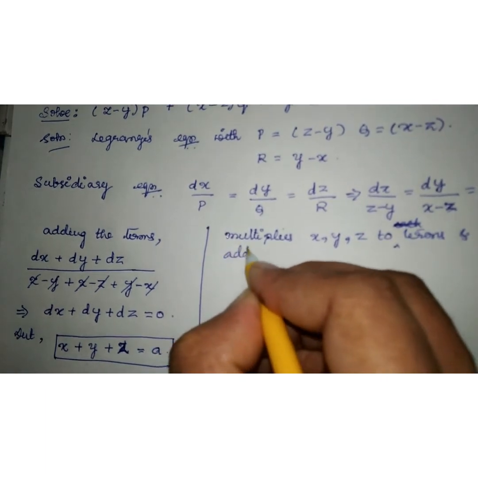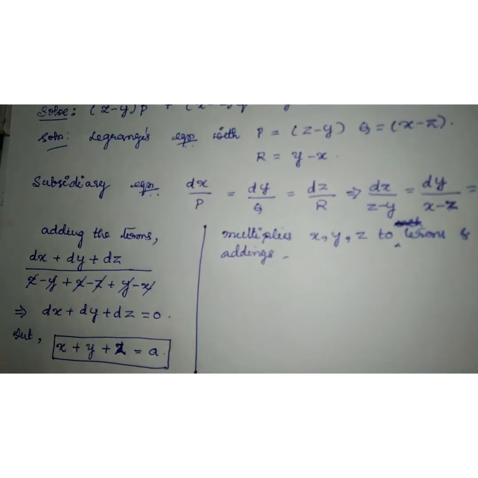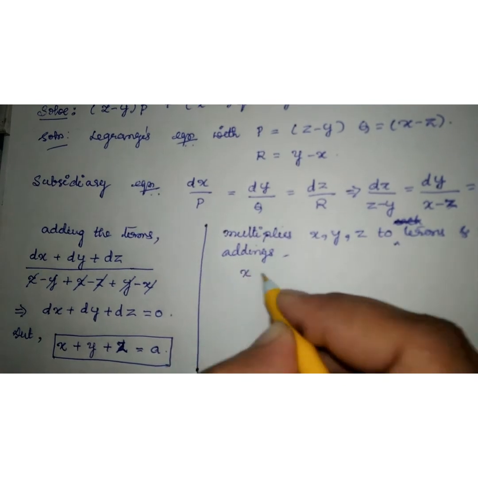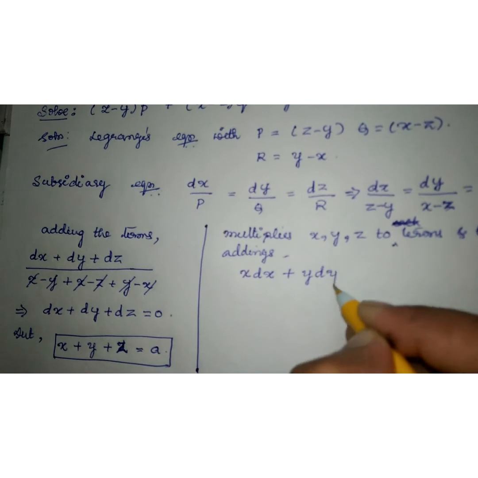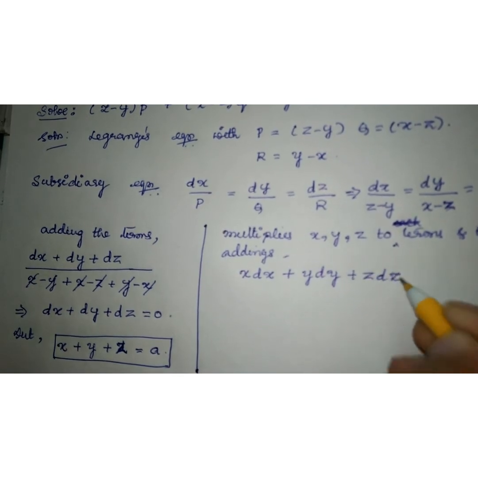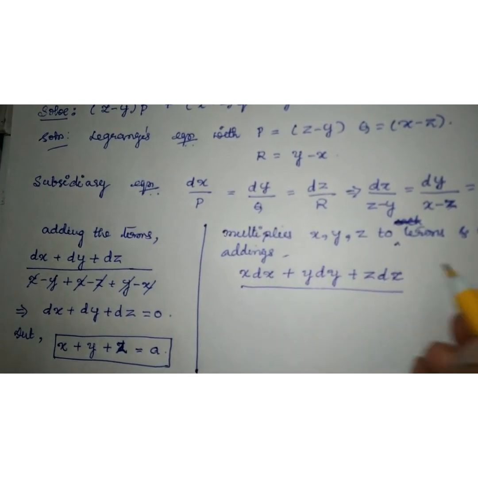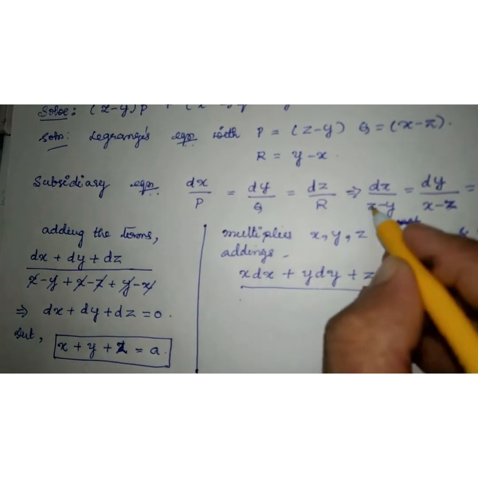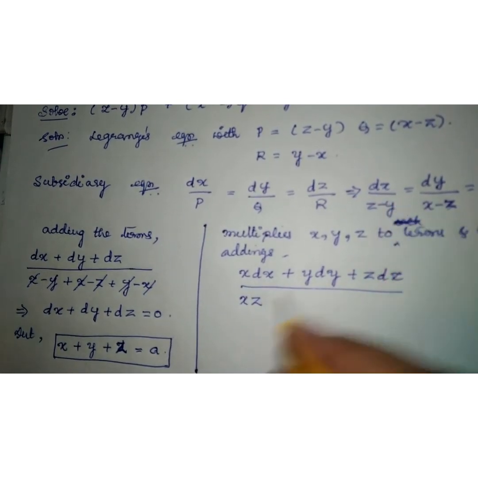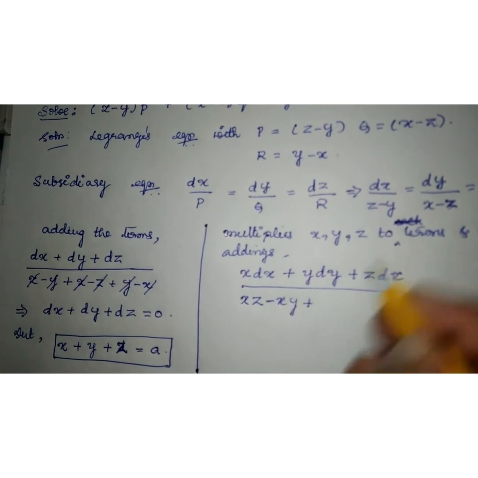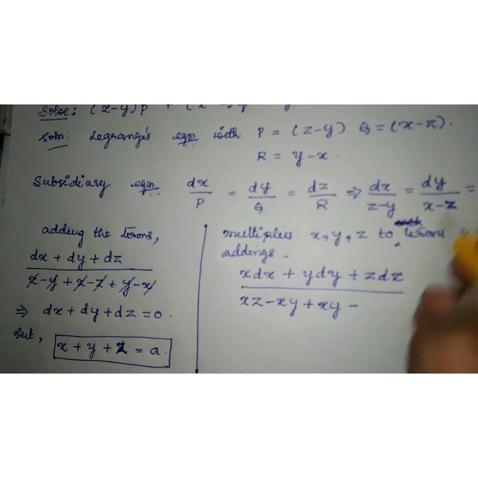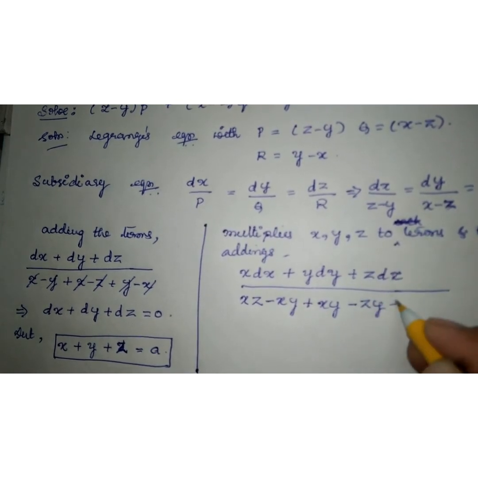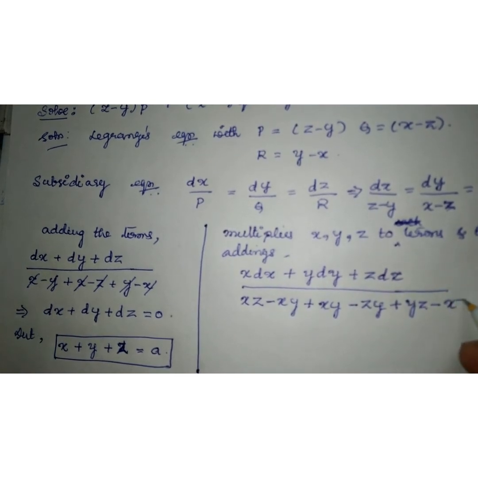Multiplying x to the first term, y to the second, and z to the third, and adding all together, you get xz, xy, plus xy minus zy, plus yz minus xz.